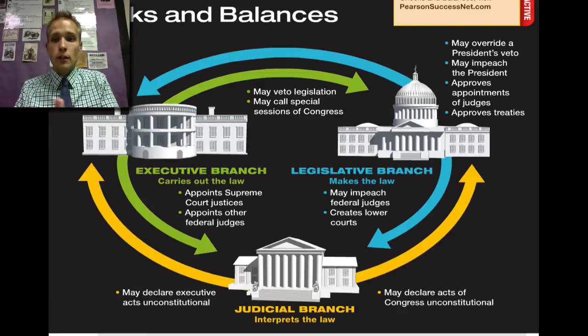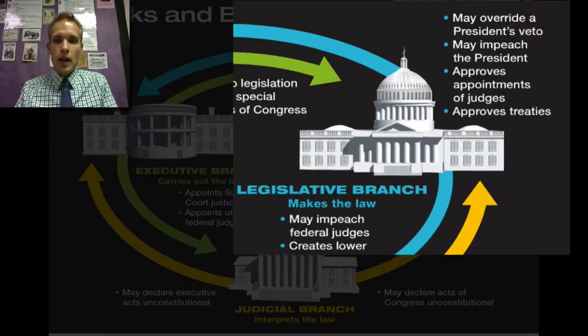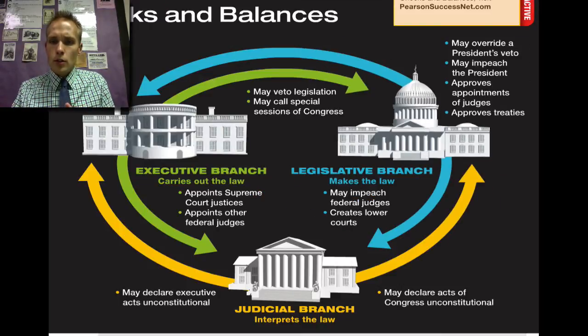So let's start with the legislative branch, and you're not expected to write all these down. In fact, I just gave you some space for a few of them. But in the legislative branch we have the blue lines going to the executive and the judicial. We'll look first at how the legislative branch can limit the powers of the executive branch.